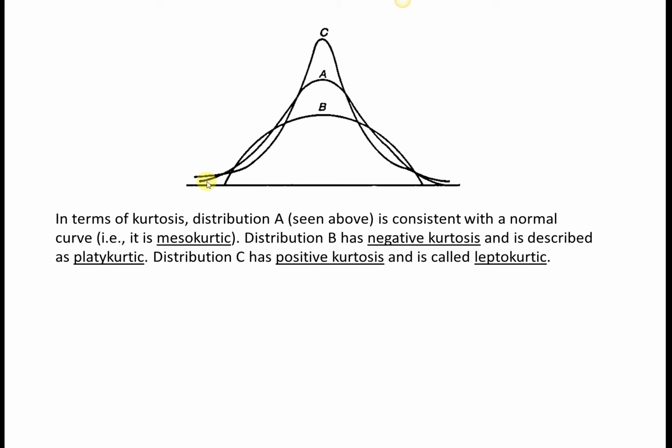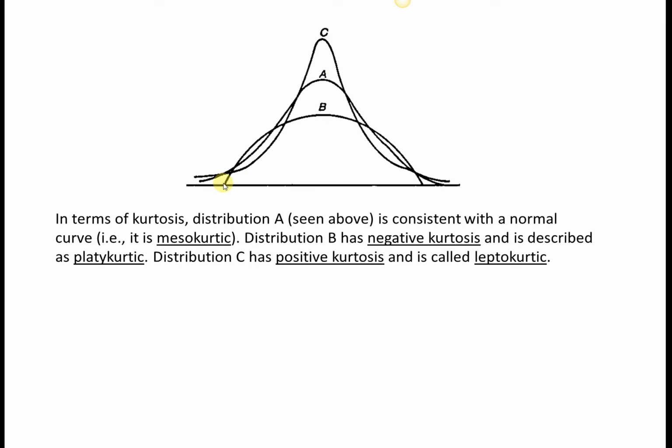Distribution A is consistent with what we would expect with a normal distribution. This would be our ideal in terms of what is normal in shape. That distribution is considered to be mesokurtic, and the kurtosis statistic would have a value of 0.